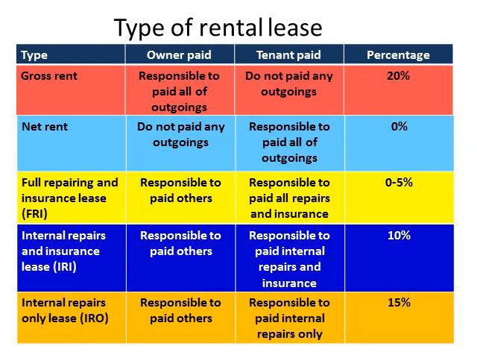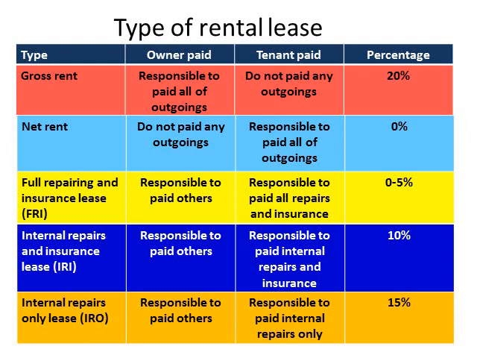So the percentage in the last column actually mentions the amount of the outgoings that needs to be borne by the owner. So we recap. For gross rent, the owner needs to pay about 20 to 25% of the outgoings. Net rent, because the owner receives a net rental, sewa bersih, is 0% for the outgoings.